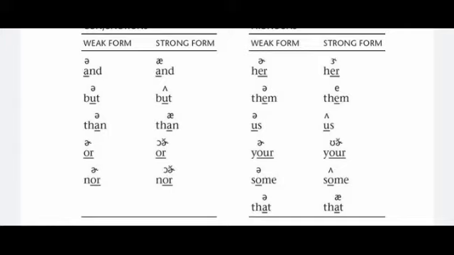But becomes but. Then becomes then. Or becomes or, nor becomes ner. Her becomes her. Them becomes them. Us becomes us. Your becomes your. Some becomes some. That becomes that.